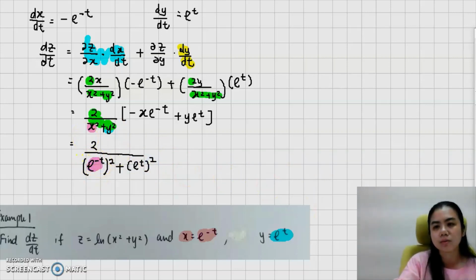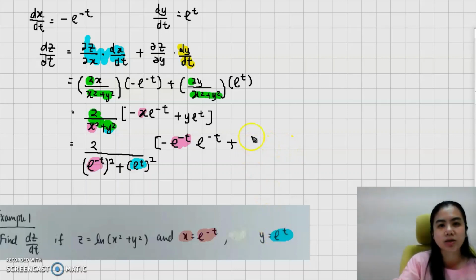For x and y, the same thing happens here, whatever is in the bracket. So we have minus the x. The x is actually e to the minus t. Then this one we copy back, we have e to the minus t, plus the y.